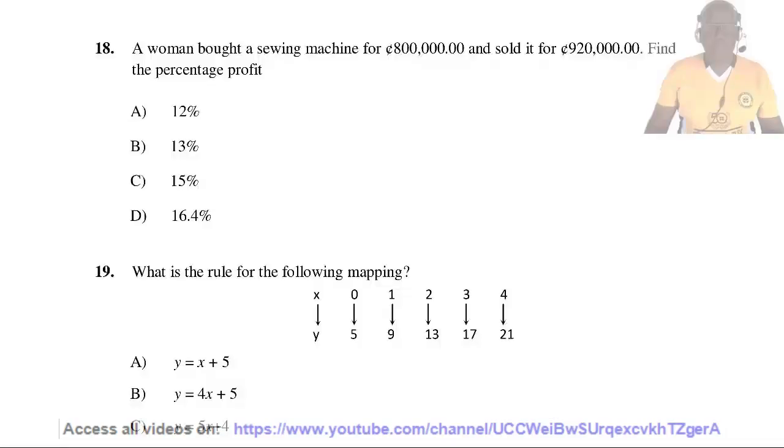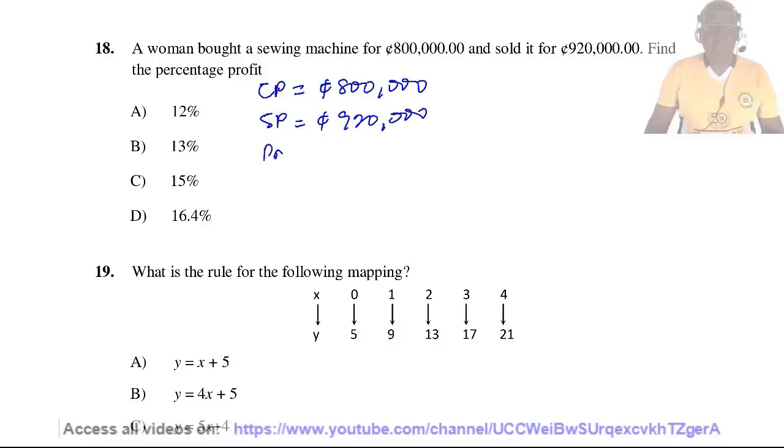Question 18. A woman bought a sewing machine for 800,000 cedis and sold it for 920,000 cedis. Find the percentage profit. The cost price equals 800,000 and the selling price equals 920,000. Therefore, the profit is going to be equal to 120,000 cedis.